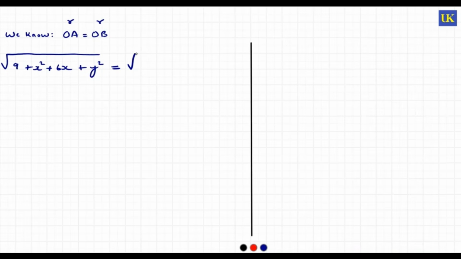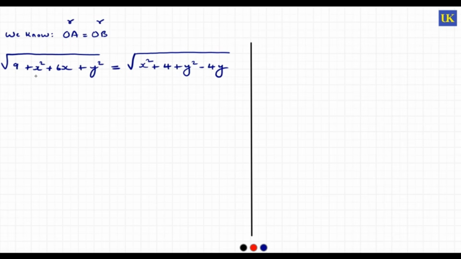OB is how much? OB is x square plus 4 plus y square minus 4y. Okay.